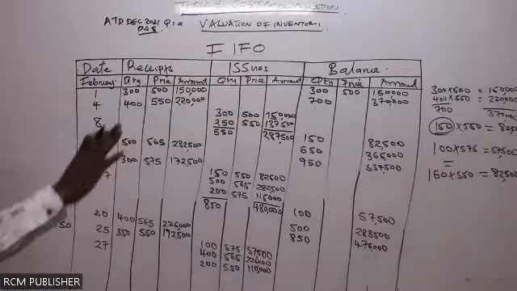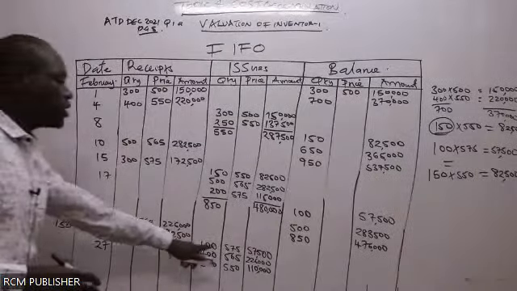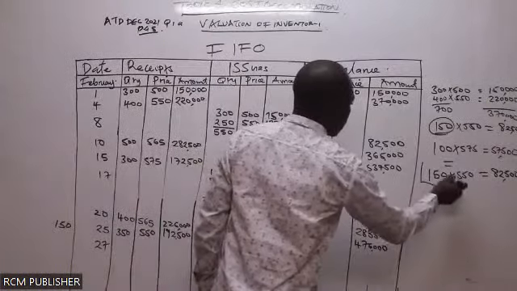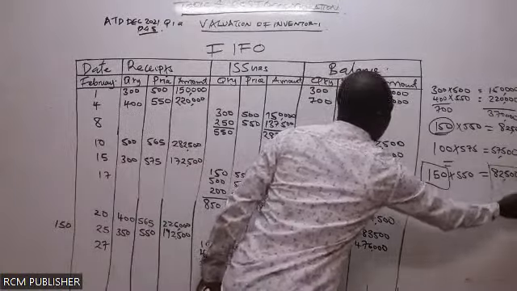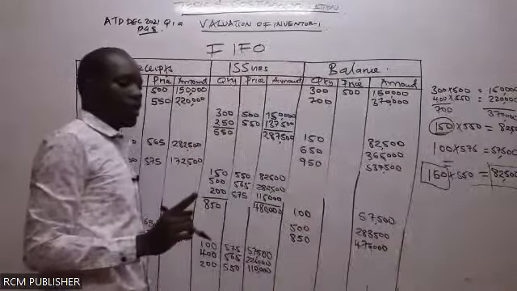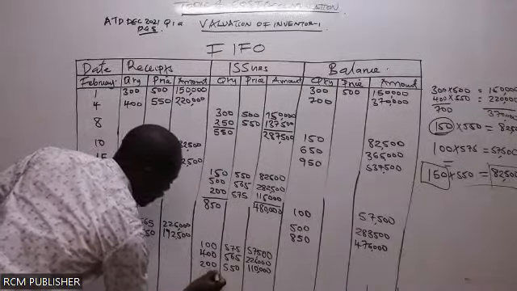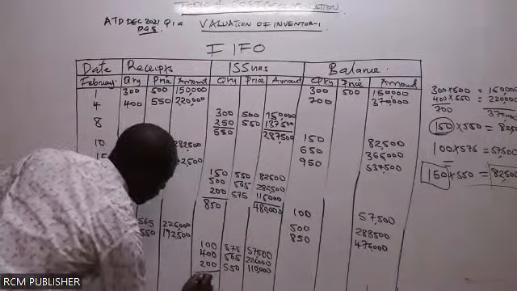So whatever is remaining is for us to complete this part and to compare. Do we have units of 150? Do we have the value of that closing inventory of 82,500? That is what we are yet to confirm. So if I add the total here, I'm going to have my 700.